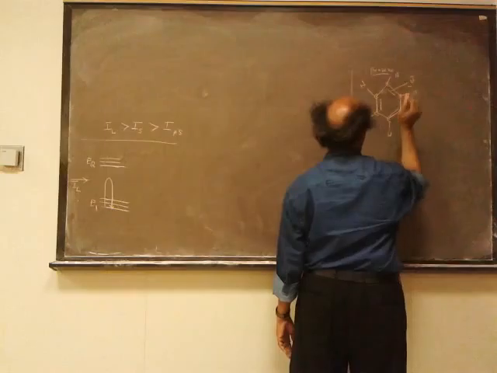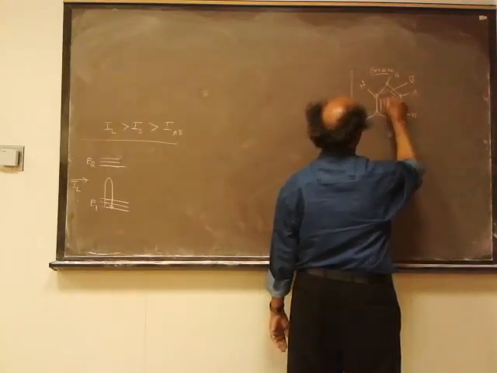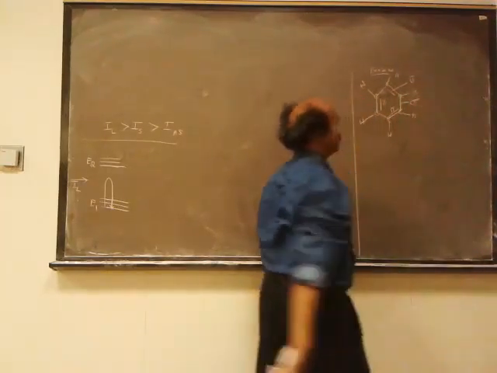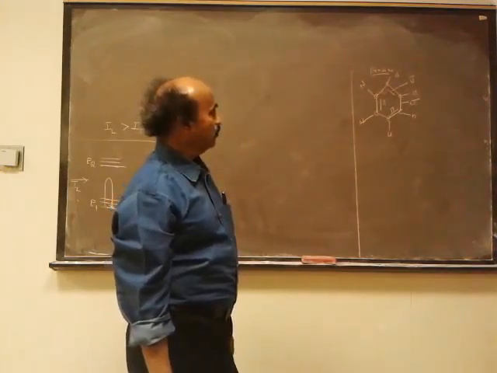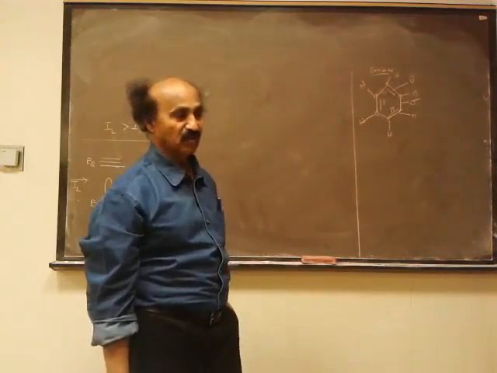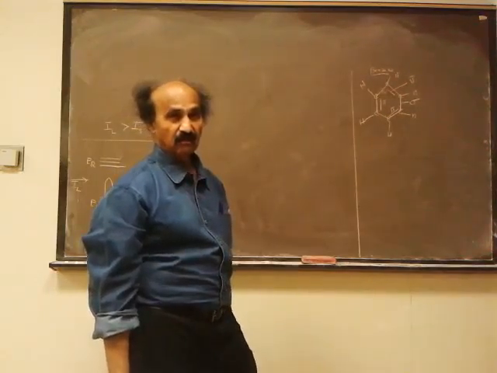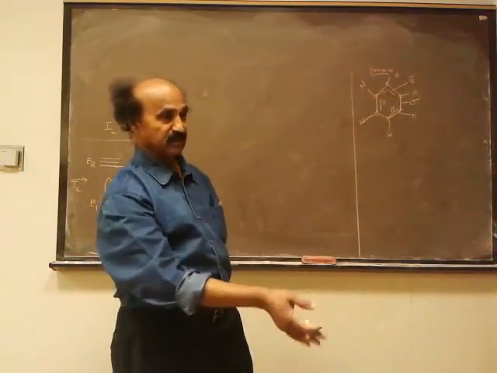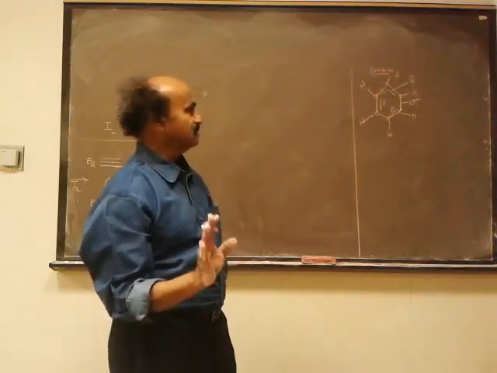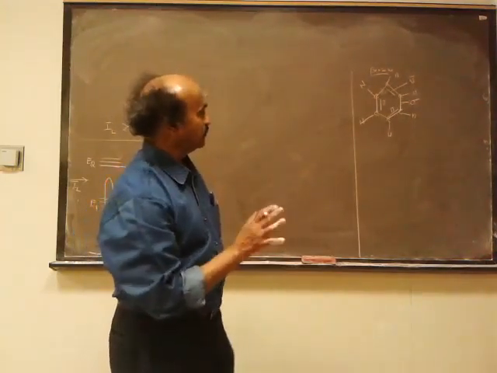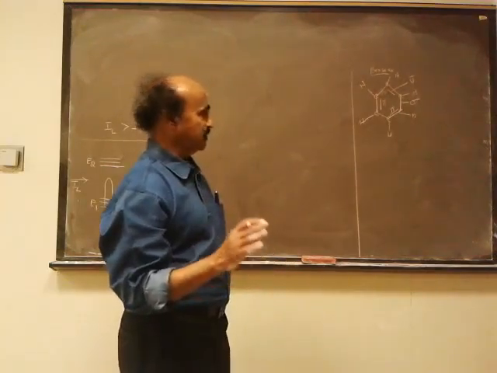This is called pi bond, pi bond, pi bond. This is called the sigma bond. I don't want to go into the details of what is a sigma bond or pi bond, that we are all going very much away from our discussion. Imagine that this represents a molecule like benzene.